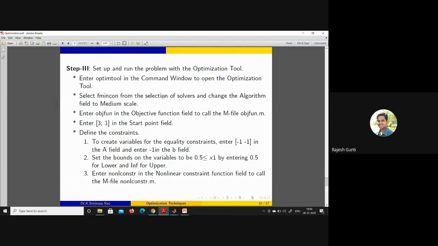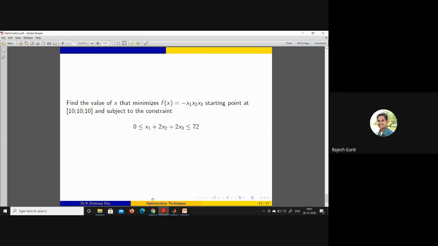Select fmincon, f minimum constraint. fmincon is a solver to solve non-linear constrained optimization problems. Okay. Objective function, starting point, data variables, everything I explained with this. Now I am going to this problem.